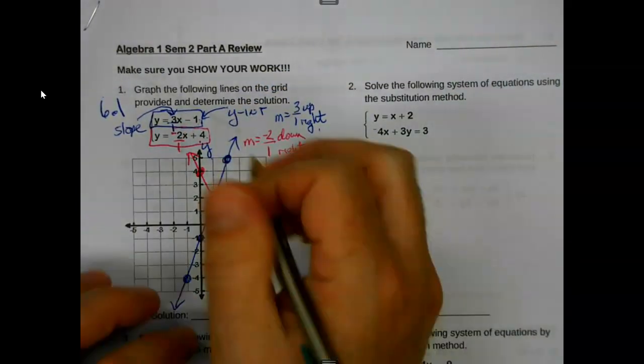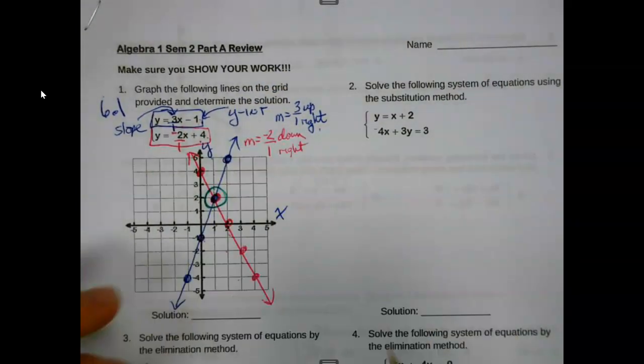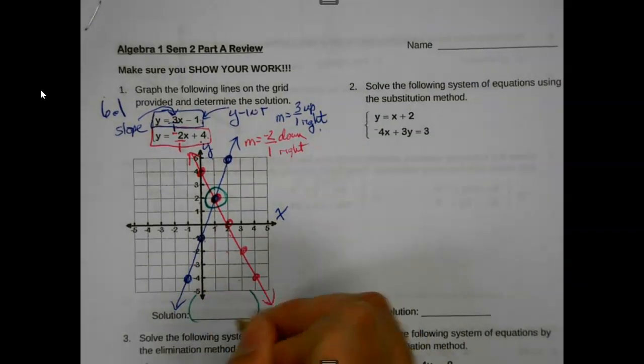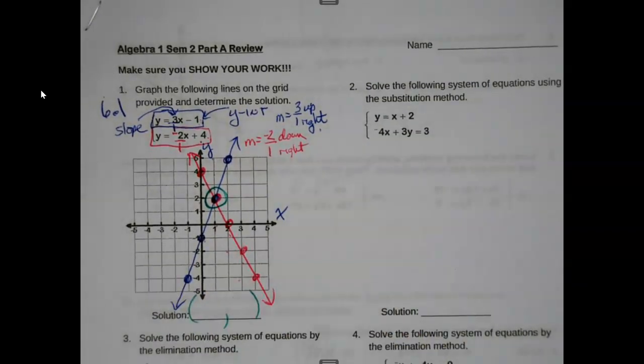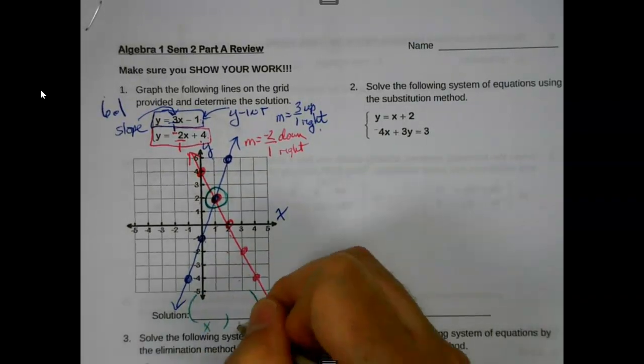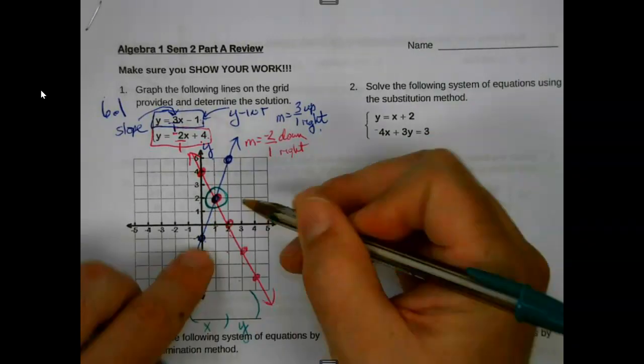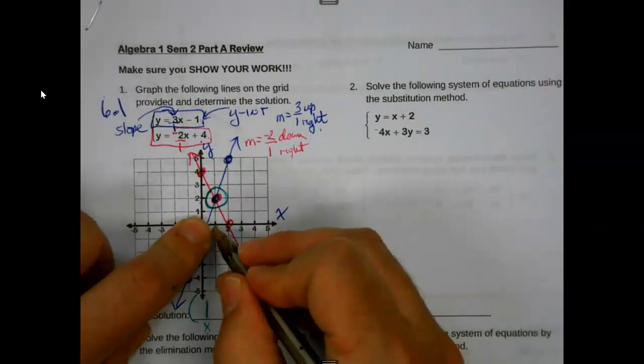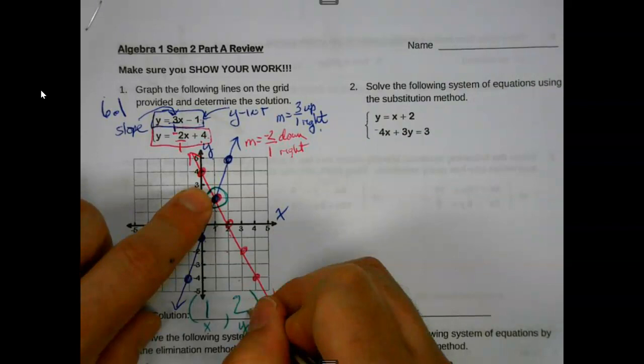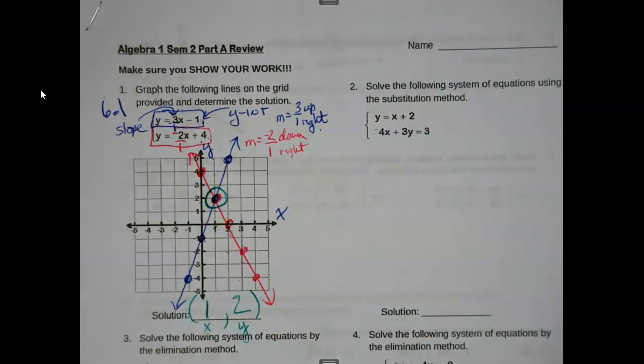And if I do, that is my solution. Now, I can't just circle it. It's a coordinate point. So we always do x first and then y. To get lined up with that point, I went right 1 to where x is 1, and I went up 2 to where y is 2.